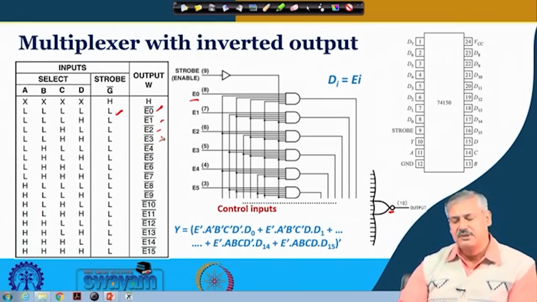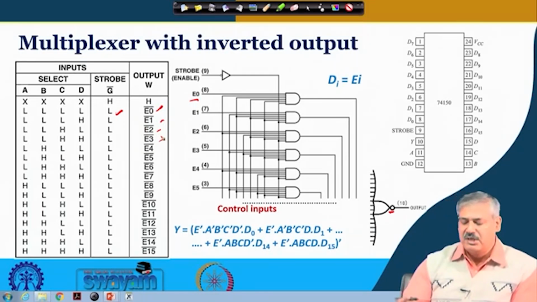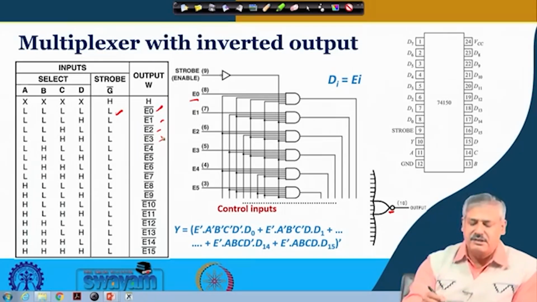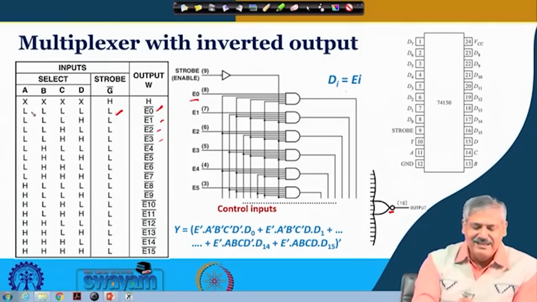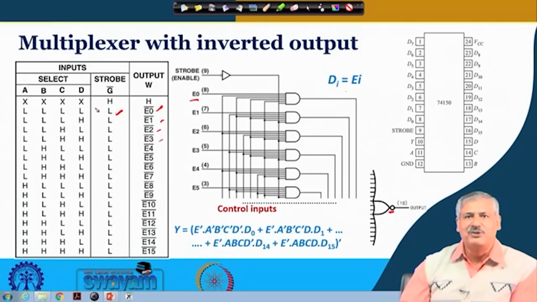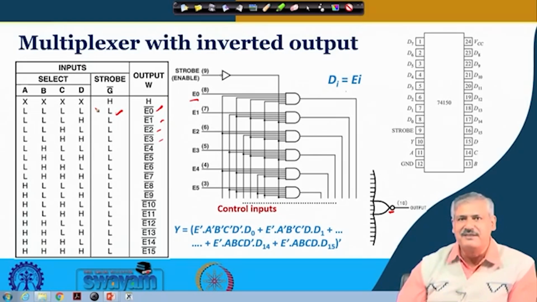In earlier examples, we had considered these inputs to be D0, D1 data inputs. The previous IC chip used C0, and here the manufacturer's data sheet represents them as E0, E1, E2, E3, but the meaning remains the same. Is it clear?